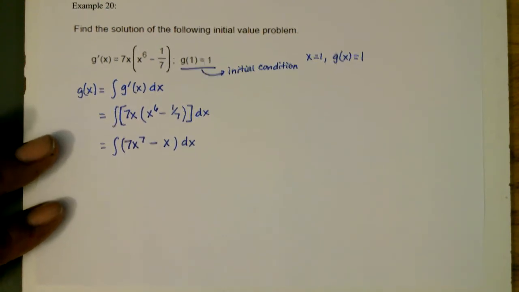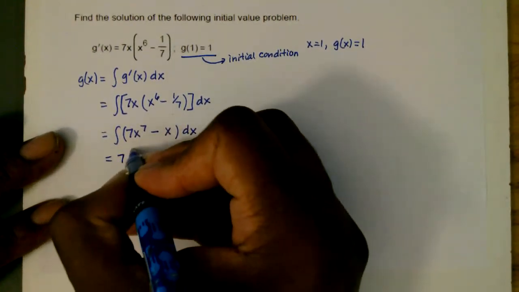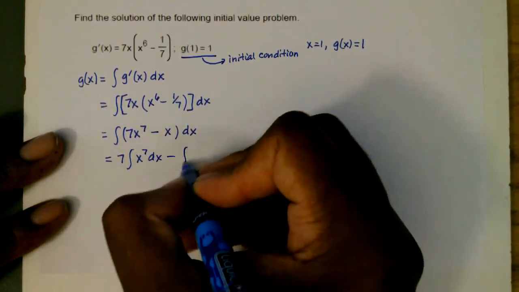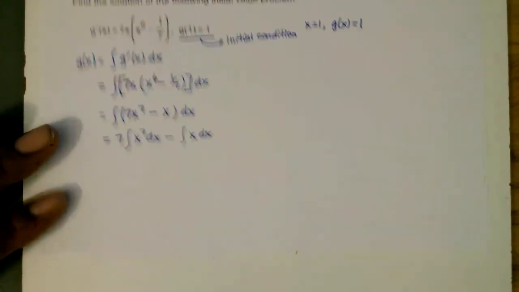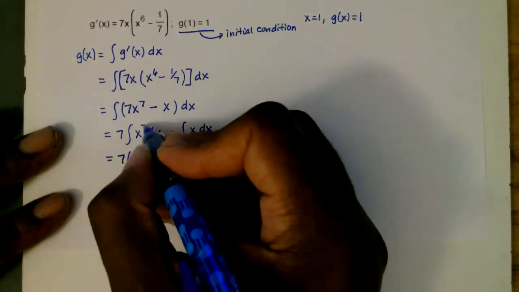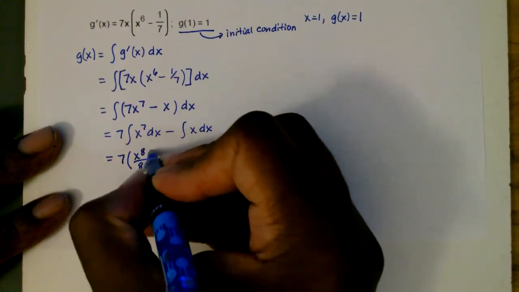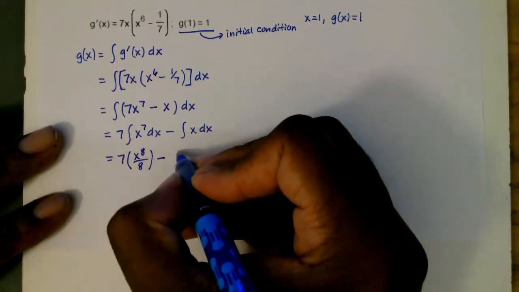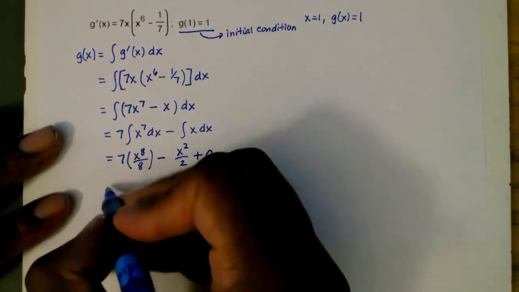Now what I'm going to do here is break each piece up. Bring the 7 down in front, take the integral of x to the 7 dx minus the integral of x dx. In this case, increase the power by 1 in x to the 7, there'll be x to the 8 divided by 8, minus, for the integral of x dx, increase the power by 1, there'll be x squared divided by 2, and then plus c.